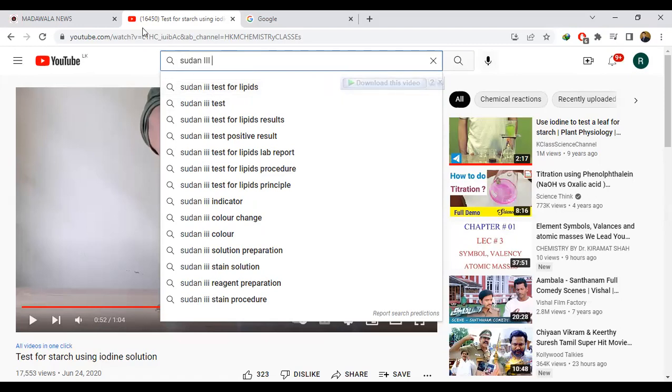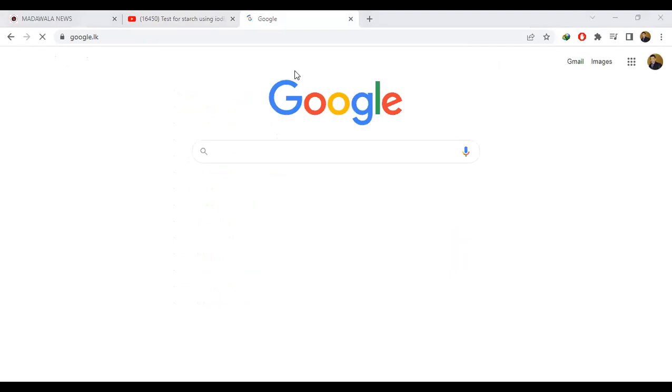Sudan 3 is a powder. I have Sudan 3 with me. Sudan 3 is a water insoluble powder.